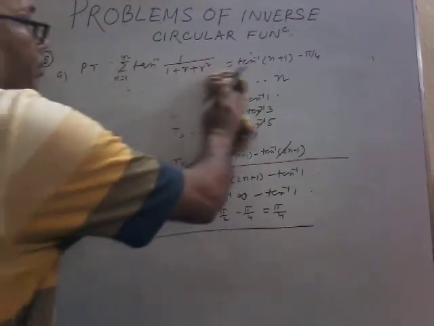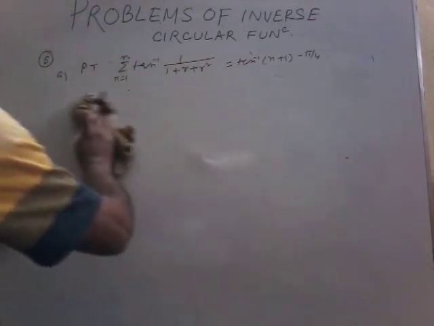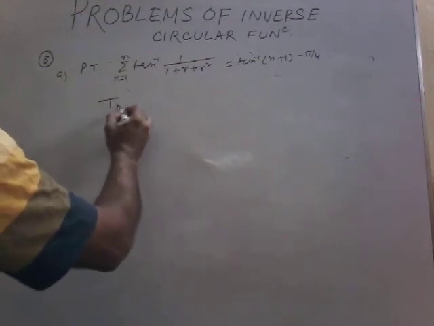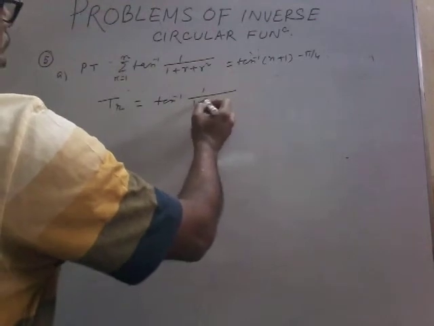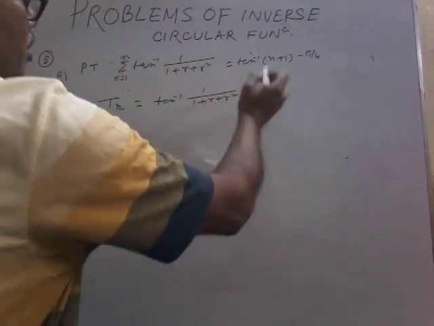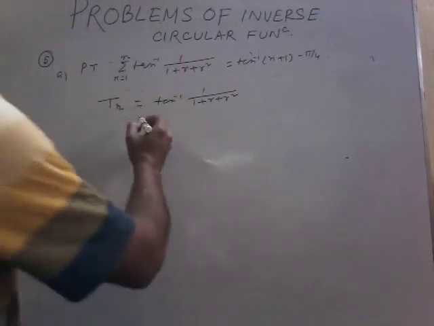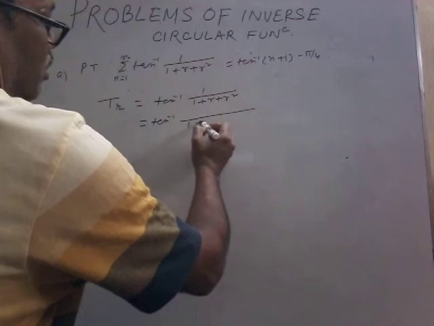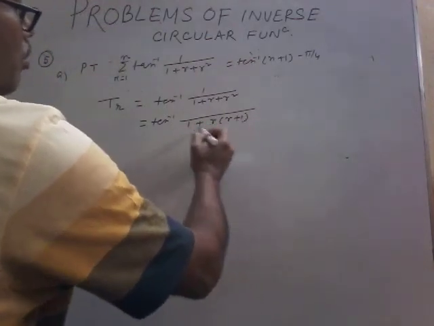First, one step only. Look, for this problem, here Tr is given. What is Tr? Tan inverse of 1 plus r square. This is Tr. So what is your main aim? To write 1 separately. So r common, r plus 1.